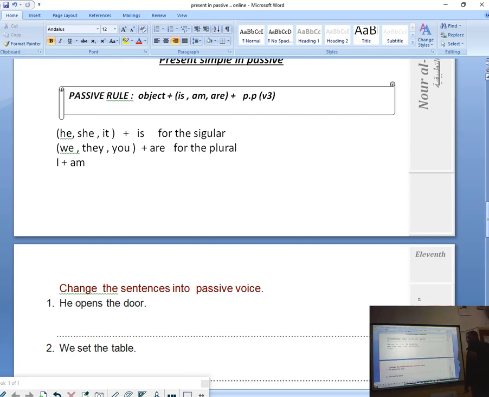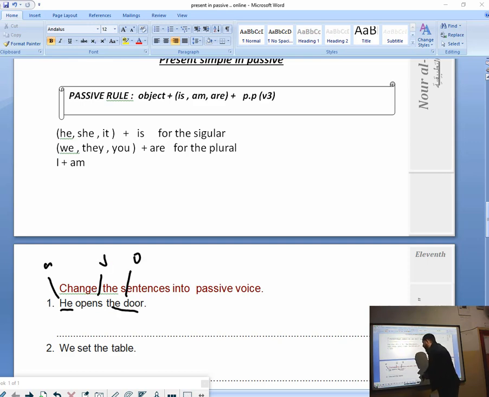First of all, I should know whether these sentences are present simple or not. First, he opens: verb 1, infinitive with s. It means that the sentence is present simple. So how can I change it? By using this rule. First of all, I should divide the sentence: he, the subject, opens, the verb, the door, the object.